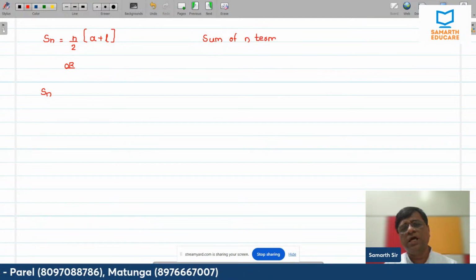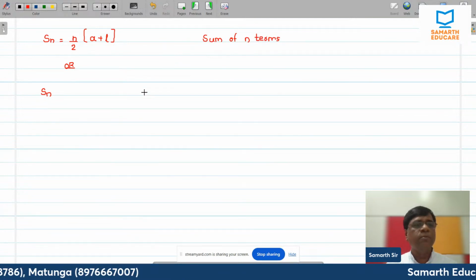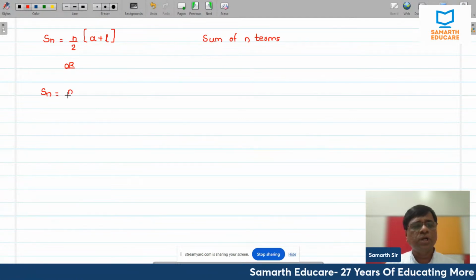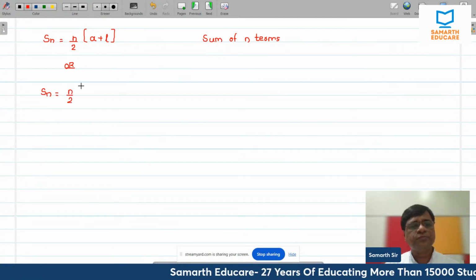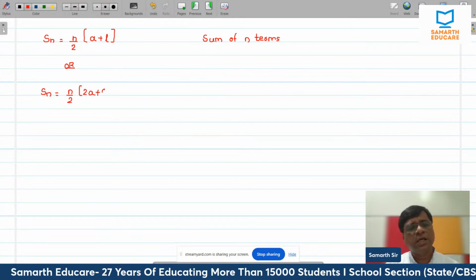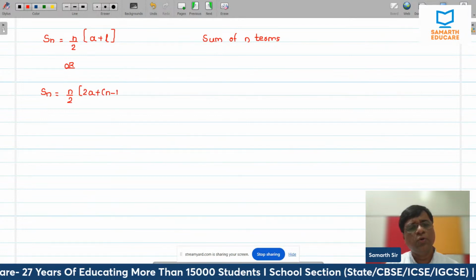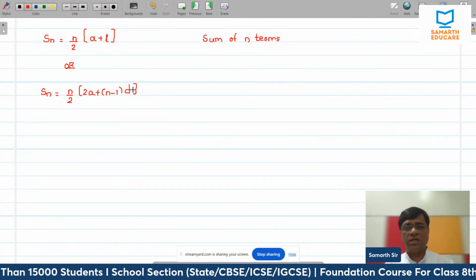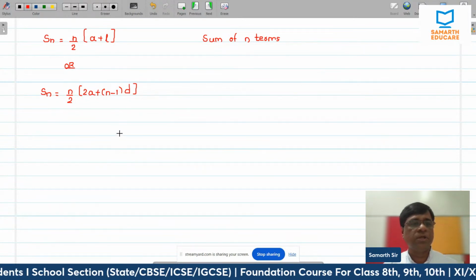It is written as Sn is equal to n by 2 into a plus l, or it can also be written as n by 2 into 2a plus n minus 1 into d. Now that's it in this chapter. There is nothing else in this chapter.